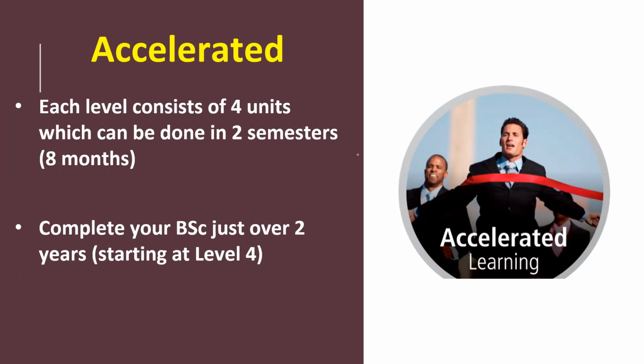But it all depends on what qualifications you currently have, possibly even what work experience you currently possess as well. It may exempt you from having to do a couple of the units or a couple of the semesters, or maybe even an entire level, right? So you can be exempted from an entire level just based on your qualifications and prior work experience, right? So that's what we mean when we say accelerated.